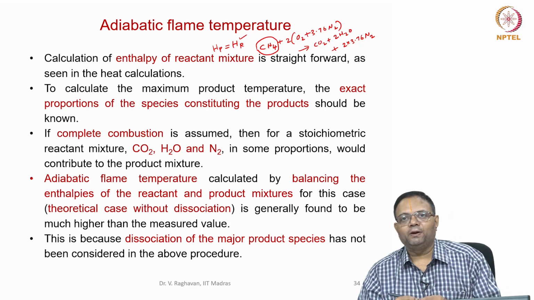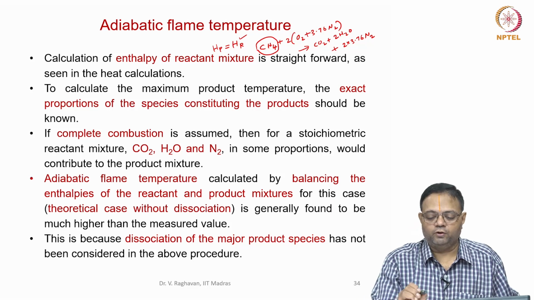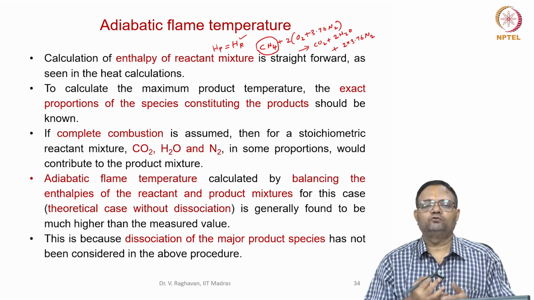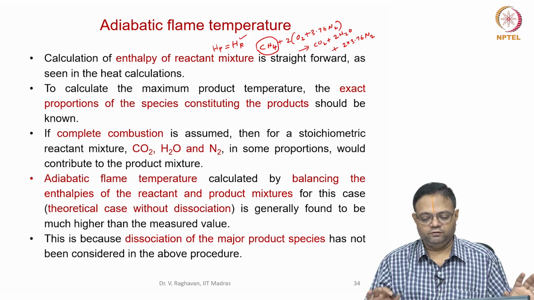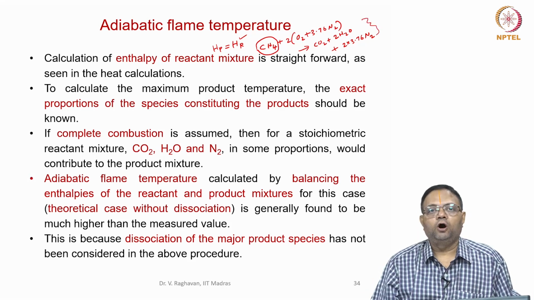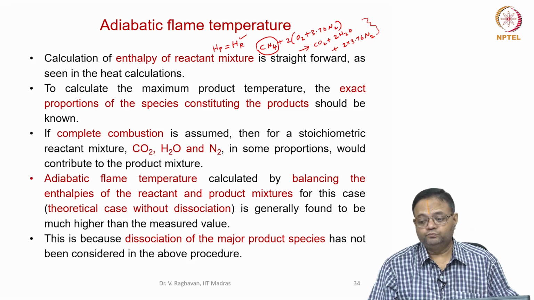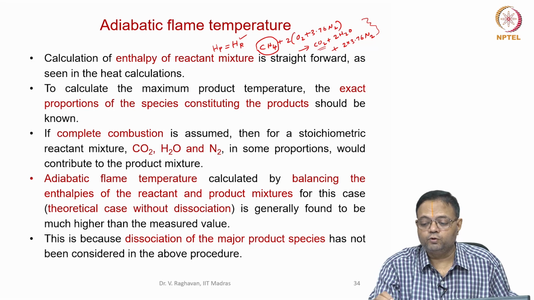If the temperature you have guessed, that is 2000, is correct, then Hp will be equal to Hr, or you can adjust it to get the value. Now, when you say the composition of the products is known to you, that means you are assuming that there is no dissociation of CO2 or H2O.